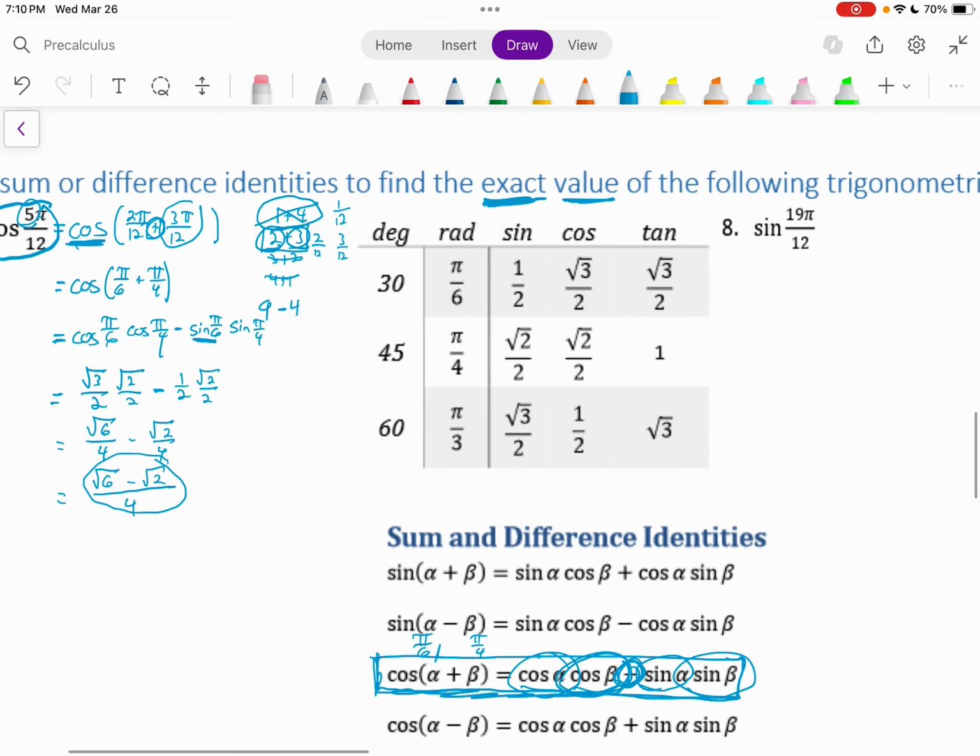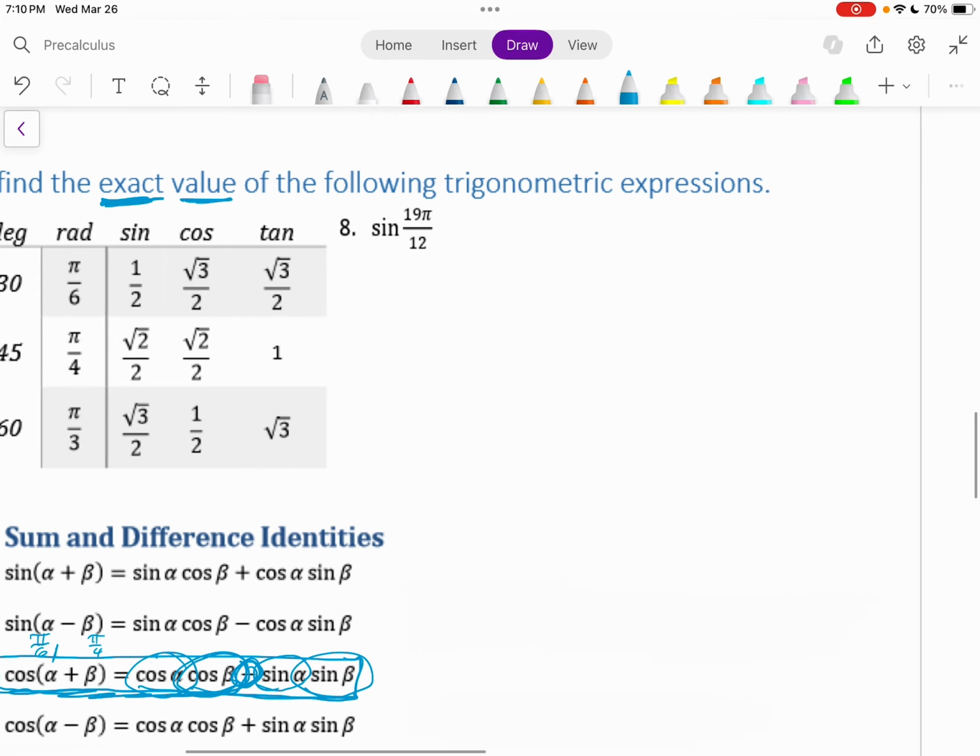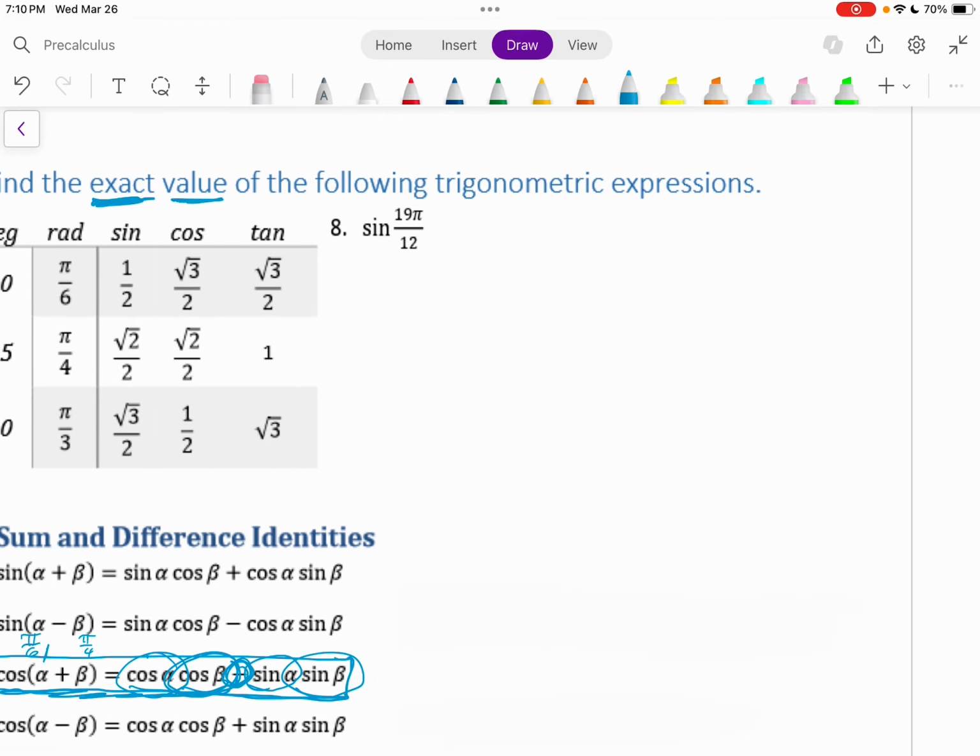All right, going over to number 8. Now we want sine of 19 pi over 12. So 19 pi over 12, going back to our thought process of what can we add together to get 19? Well, we can add 1 plus 18. And we want to think, do these reduce with 12? Well, 18 reduces with 12, but 1 does not reduce with 12, so we don't want to use that.